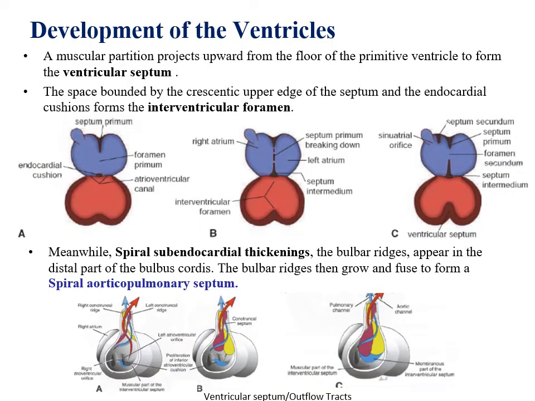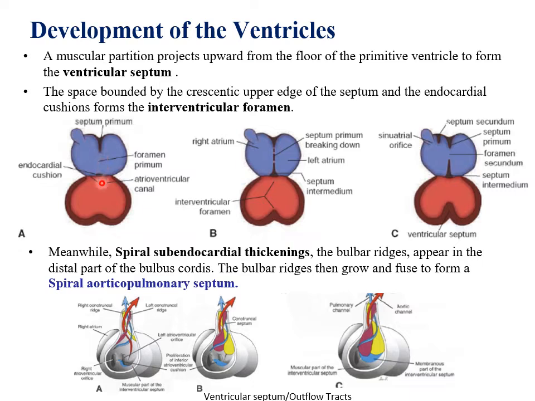Now, if we are to come to the ventricles, more or less the same diagrams we are to discuss here. Here is the septum primum, and here is the foramen primum, and here is the septum intermedium.